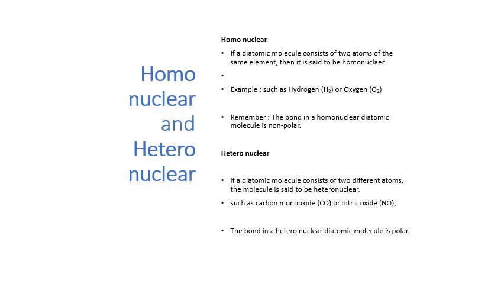The bond in a heteronuclear diatomic molecule is always polar. Polar, why? Because both atoms have different electronegativity or electropositivity, so one has more power to attract electrons than the other. As we also know, this is called the ionic behavior of bonds.